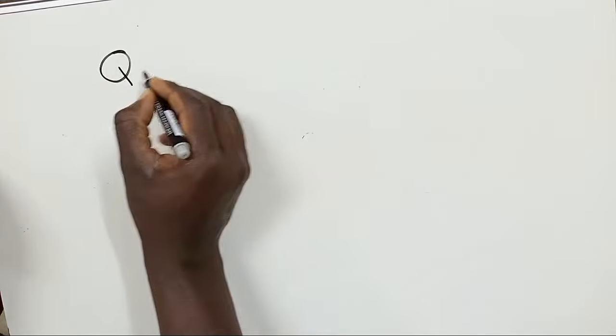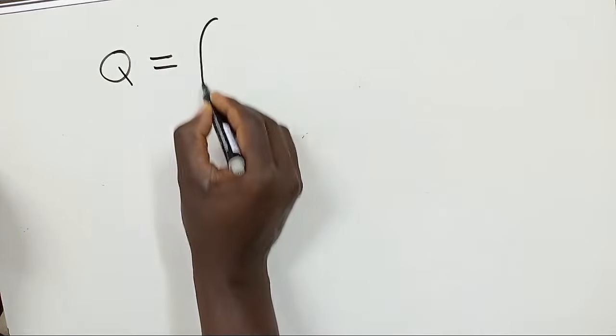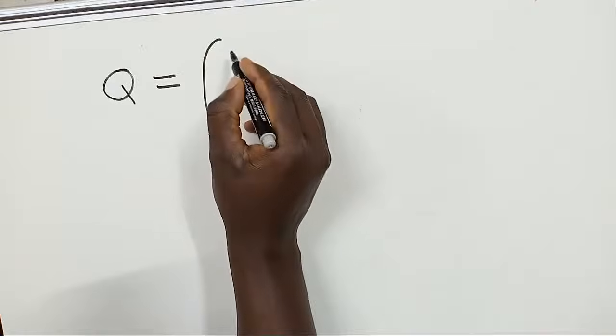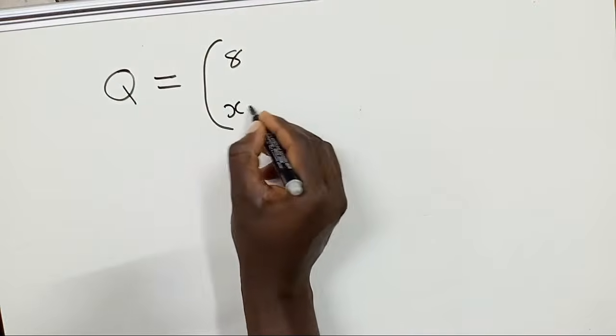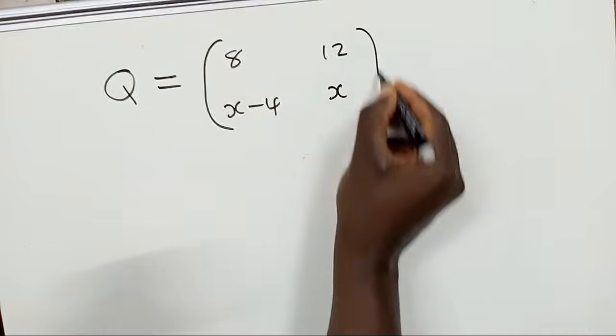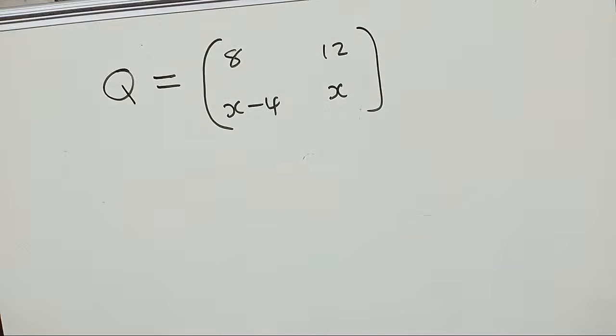Q is equal to 8, x minus 4, 12 x. So they're saying that the determinant of, what year is this paper? 2019. Faith, this is 2019 GCE.